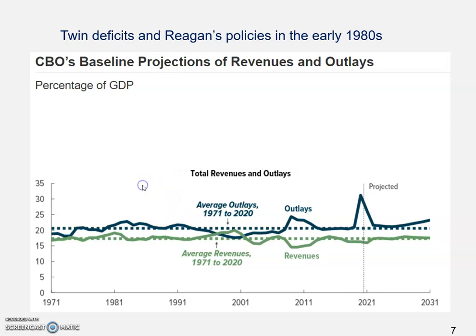In other words, we're looking here at 1981 to 1989, these 8 years under the Reagan administration.